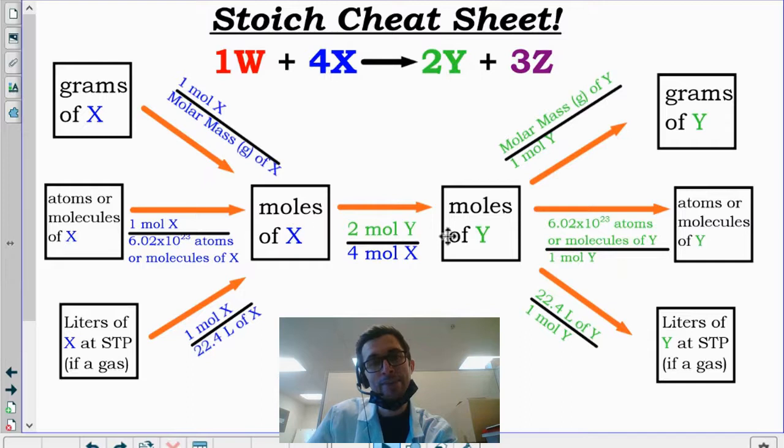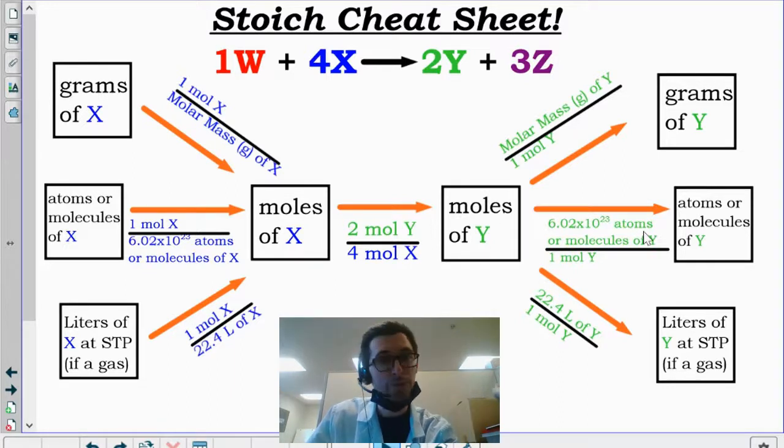You have to follow the map to get to your final destination of liters of the other substance. Stop where you need to stop. Just like if you're on a train, don't pass your exit, okay? Or pass where you have to leave your train, okay? So stop where you need to stop. Keep going if you need to keep going.